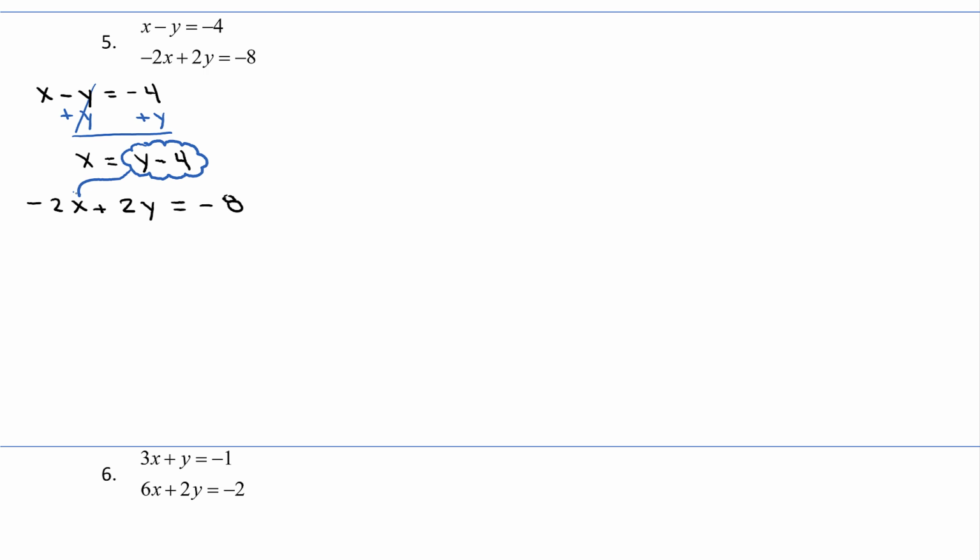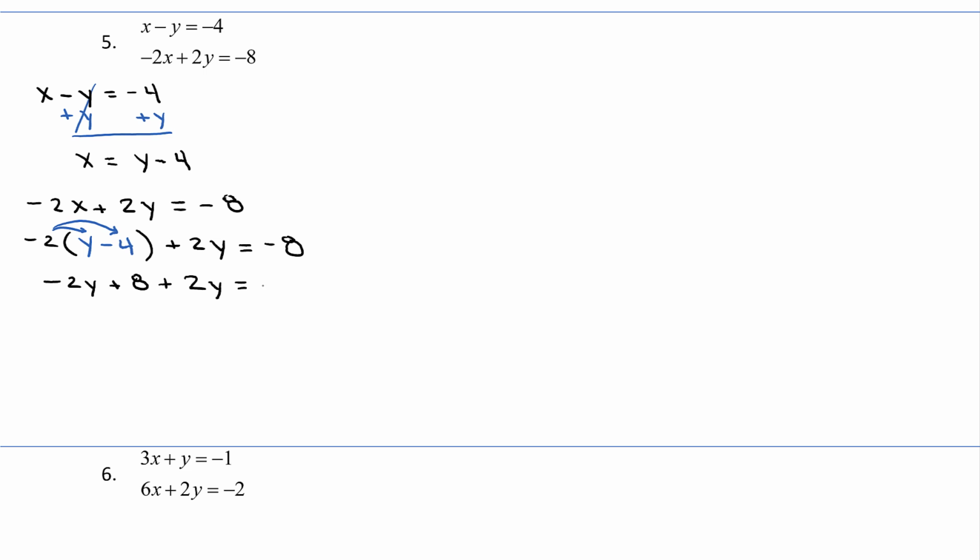So that'll be negative 2 times the quantity y minus 4, close the parentheses, plus 2y equals negative 8. Now we're going to distribute the negative 2 in front of our parentheses there. We will be left with a negative 2y plus 8 plus 2y equals negative 8.